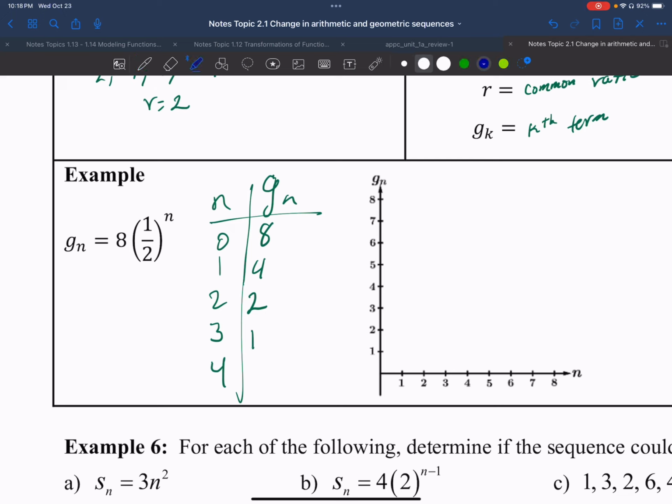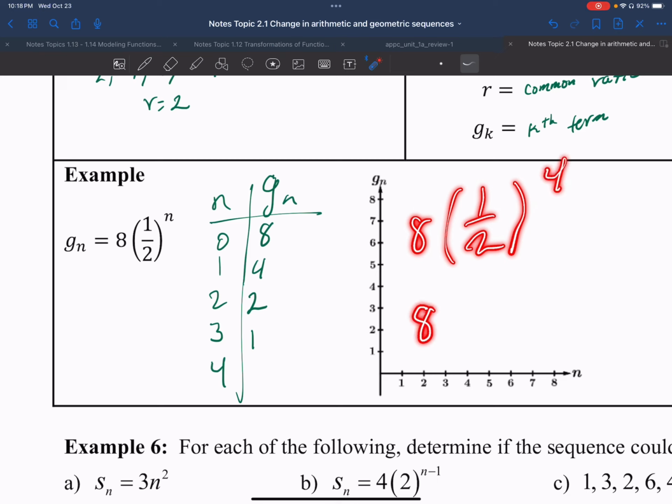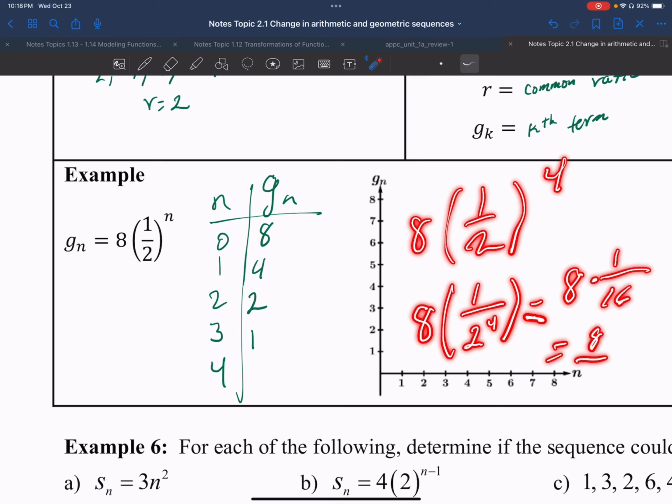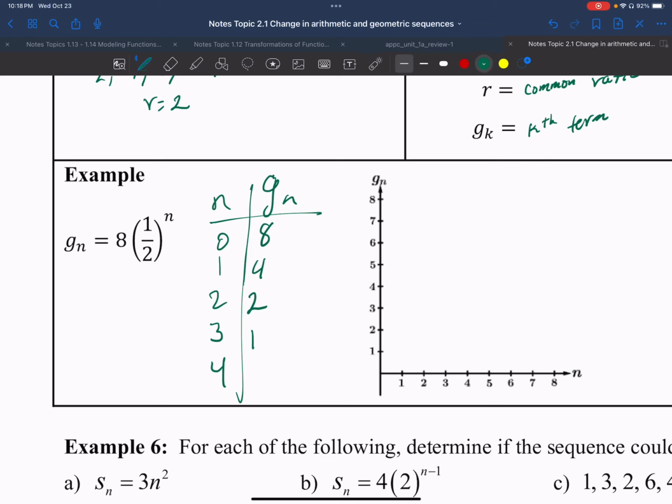For the last one, I'm going to do 8 times 1/2 to the power of 4. So it will be 8 times 1 over 2 to the fourth, which will be 8 times 1 over 16, which will be the same as 8 over 16, which is equal to a half. So 1/2 will be my last one.